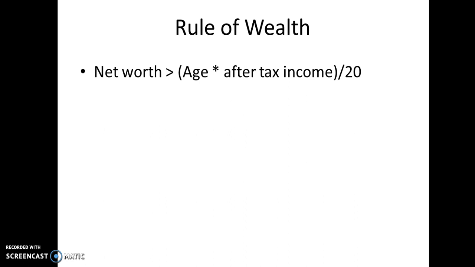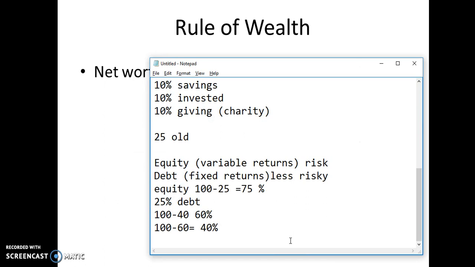The basic rule states that if your net worth is greater than your age multiplied by your after tax income, consider you are 25 years old and your after tax income is around 5 lakh rupees, which comes around 1 crore 25 lakhs. If your net worth is more than this, then you are considered a rich individual.